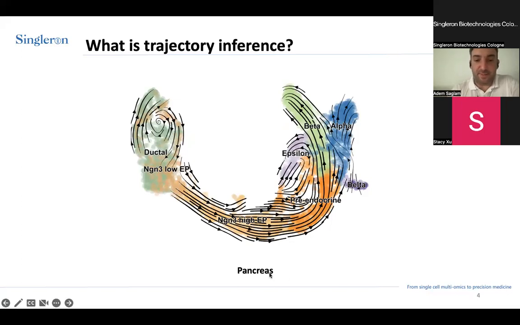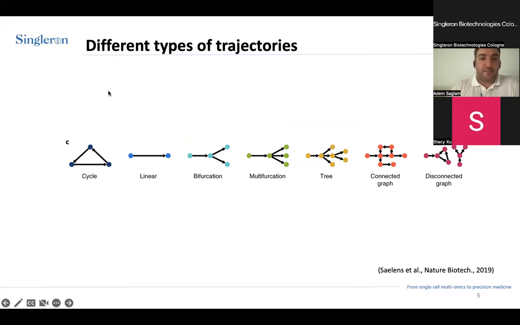In this case, it's a pancreas tissue with all the different cell types in the pancreas. And the arrows indicate the direction that the cells would follow if they had to differentiate. So this is determined, of course, bioinformatically.